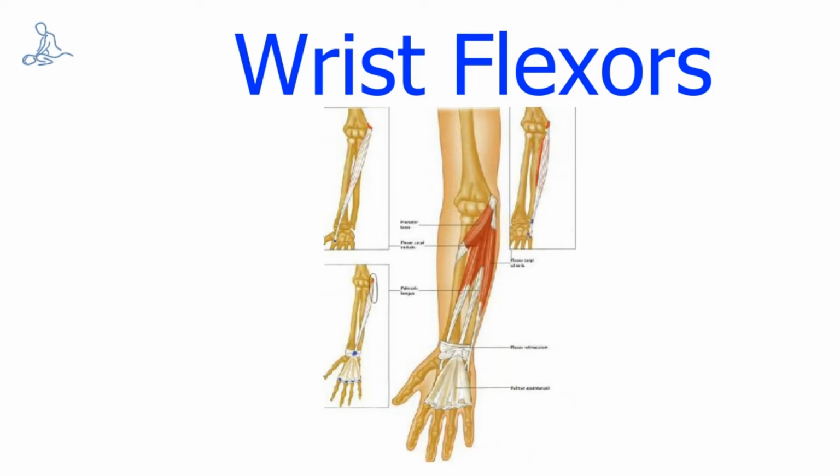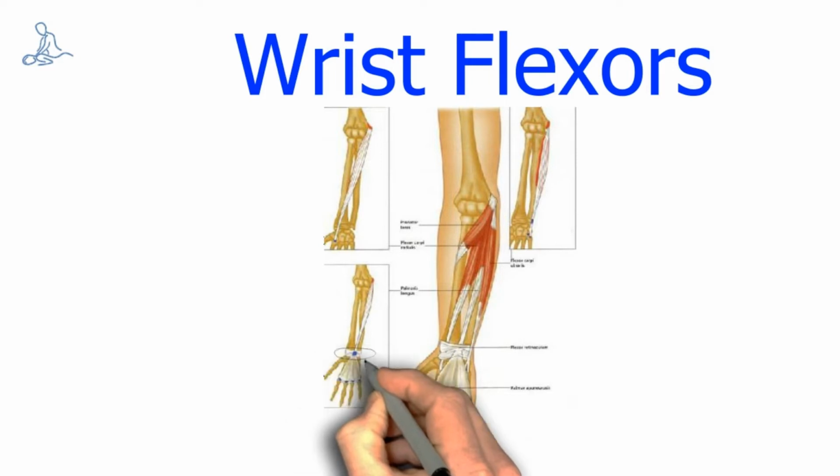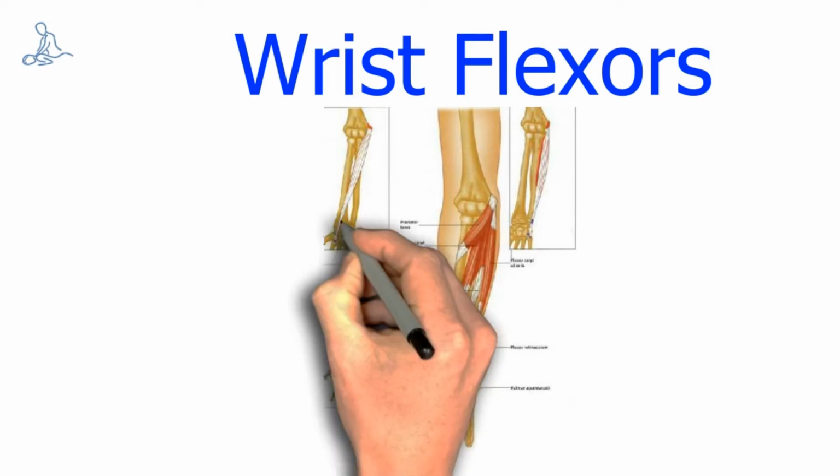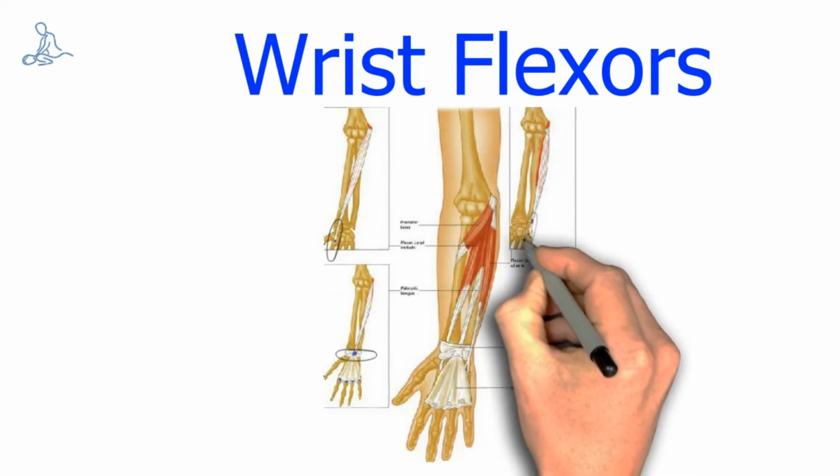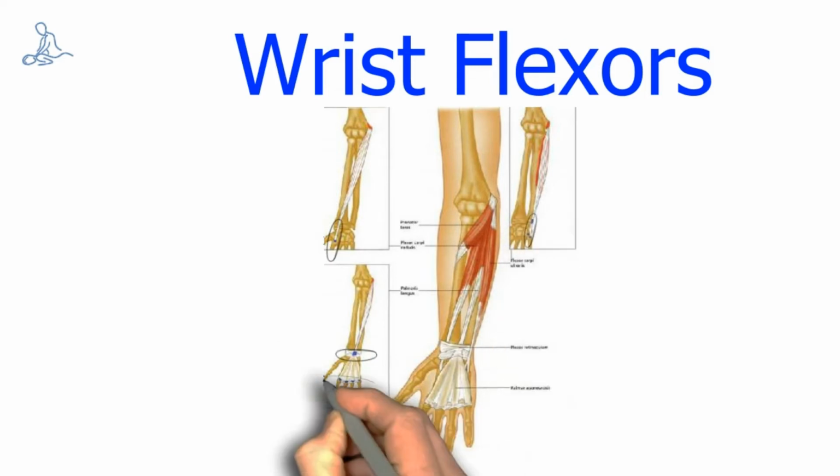The insertion of the wrist flexors is the anterior carpals, metacarpals and phalanges. The action of the wrist flexors is to flex the wrist.